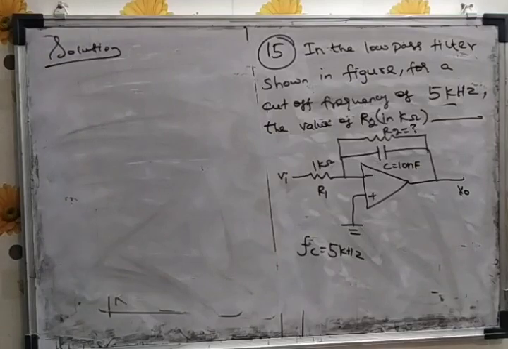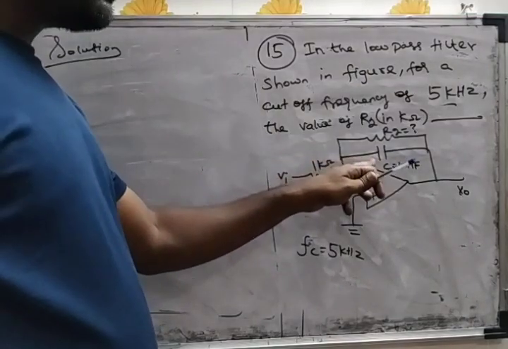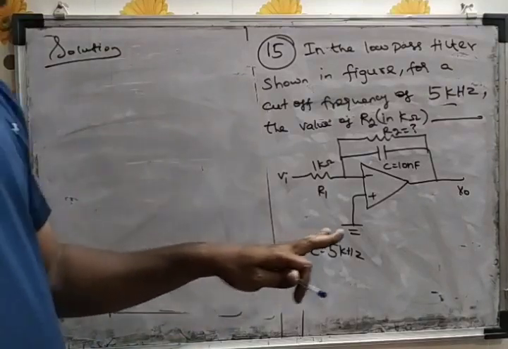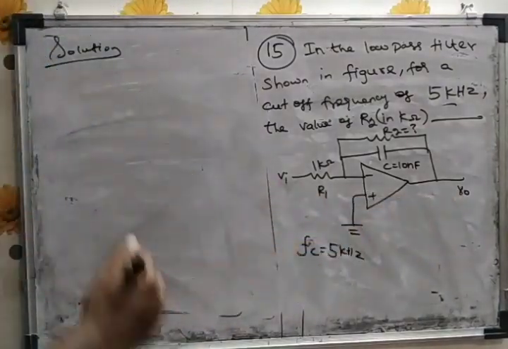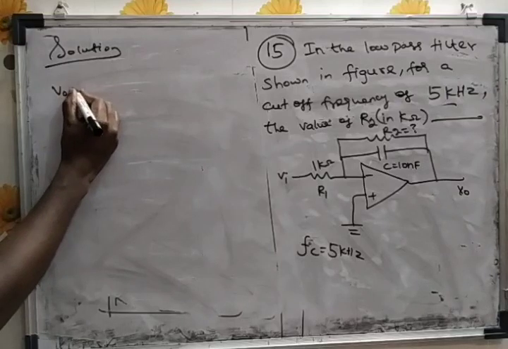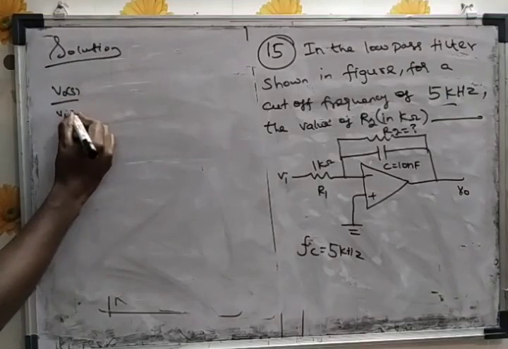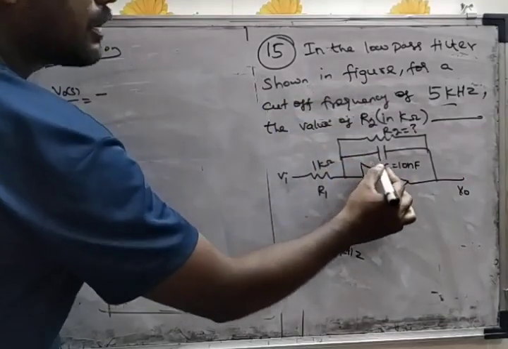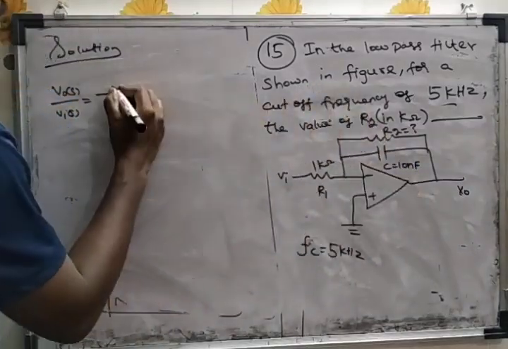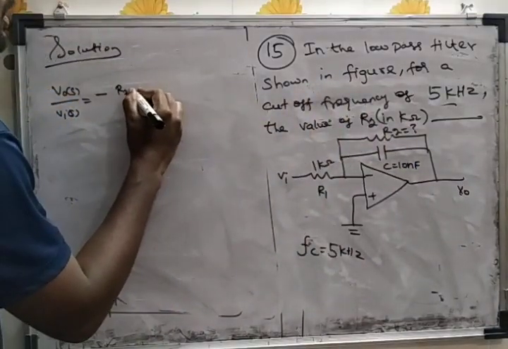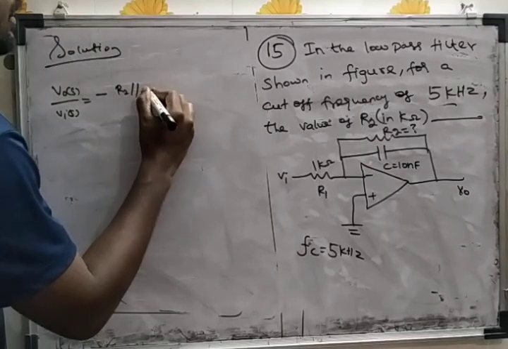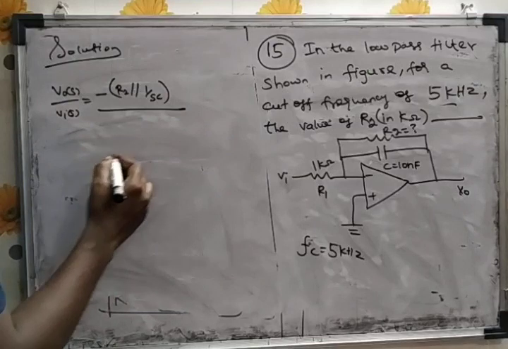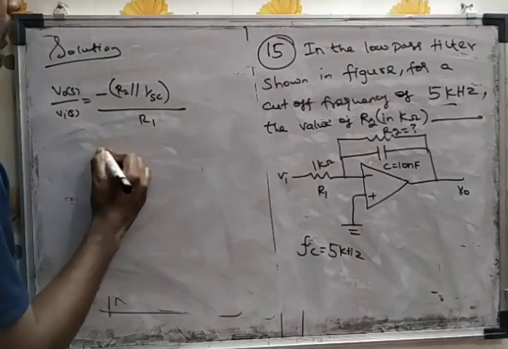Since you have C, you straight away analyze in the S domain. So your V naught of S by VA of S is equal to minus, these two are parallel, so R2 parallel 1 by SC, divided by R1.